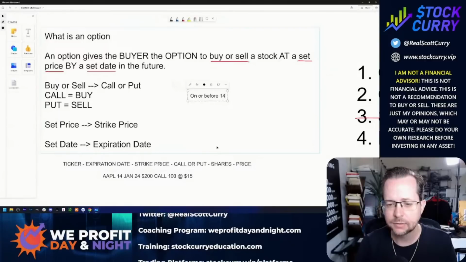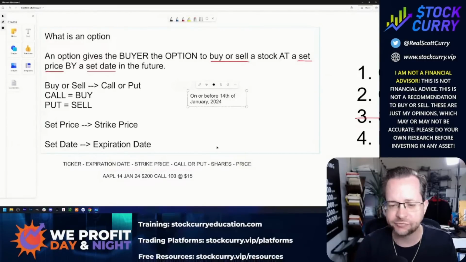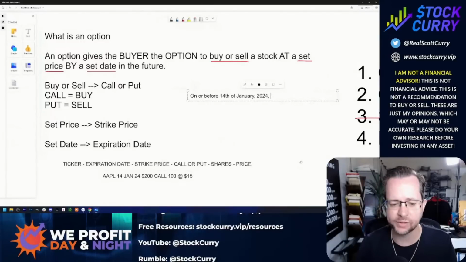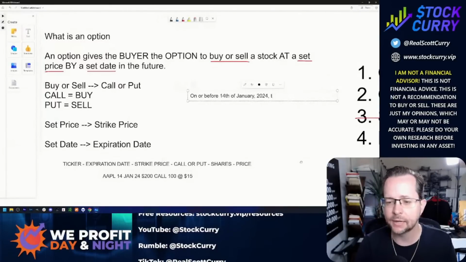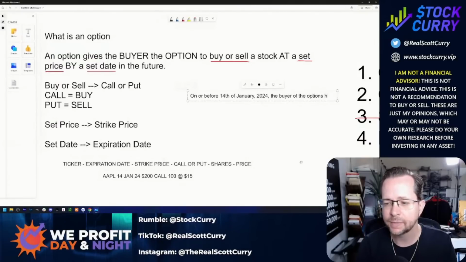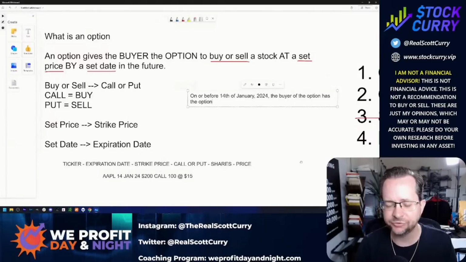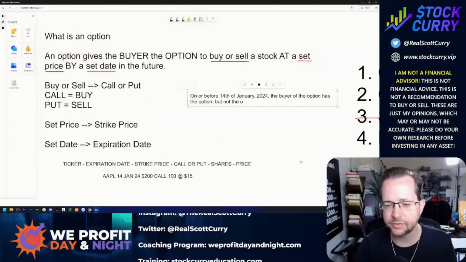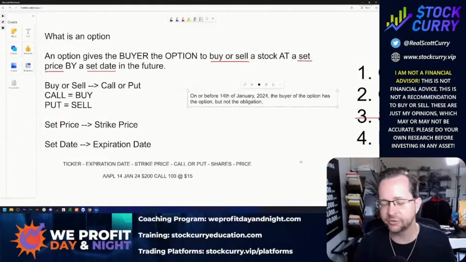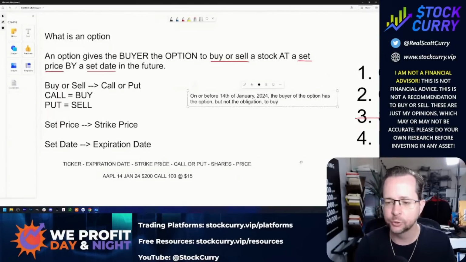On or before the 14th of January, 2024, the buyer of the option has the option, but not the obligation, meaning they can do it if they want to. They're not forced to.